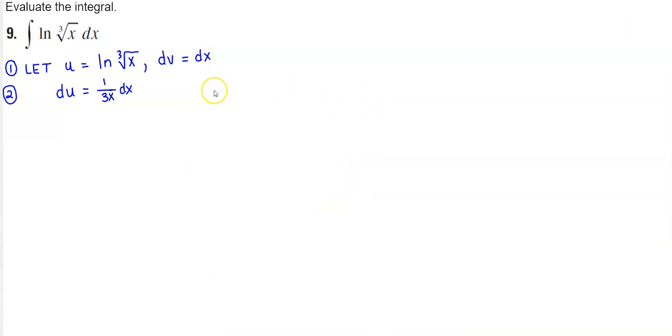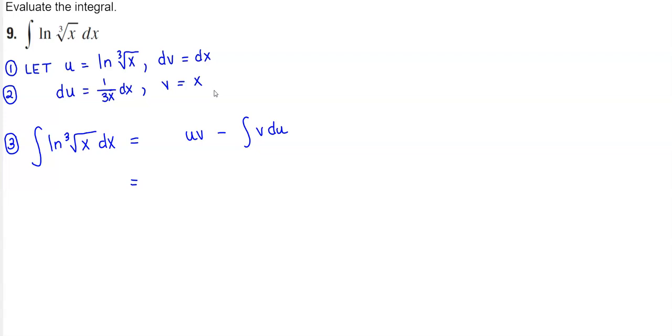Okay, and now what is v? So v would be the antiderivative of dx, which is x. Okay, so now we're going to go ahead and use our formula for the integration by parts. So the integral of the logarithm of the cube root of x dx is going to equal u times v minus the integral of v du.